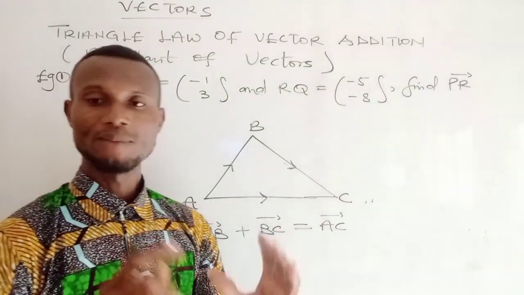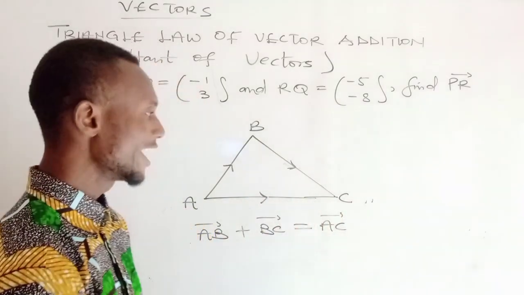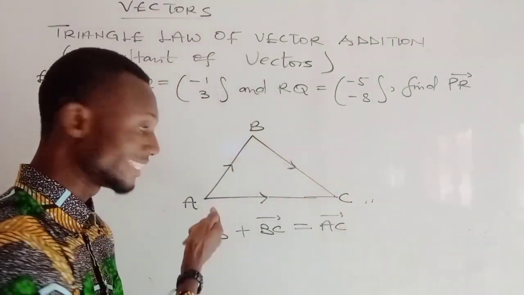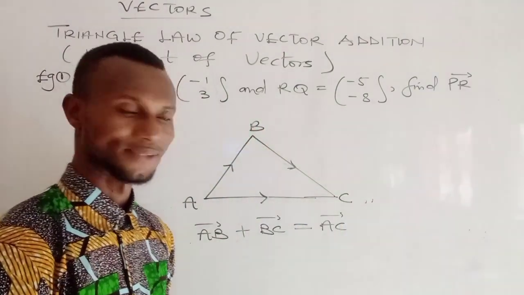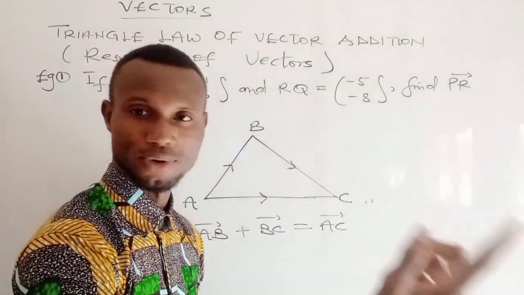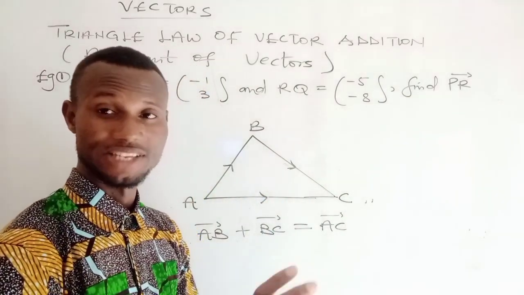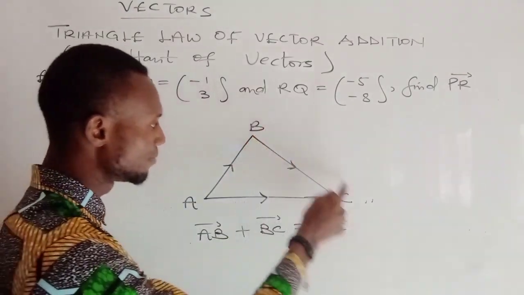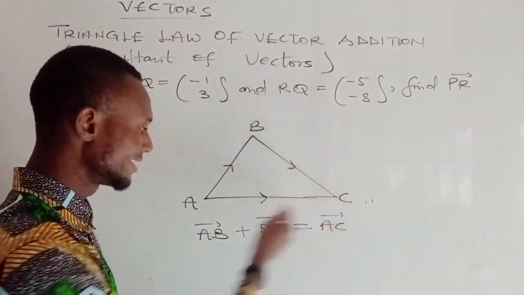Now, maybe someone is thinking, why not AB plus BC to give me CA? Take note that I say that the arrows are important. The direction of the arrows is very important. You cannot say that AB plus BC should give you CA.